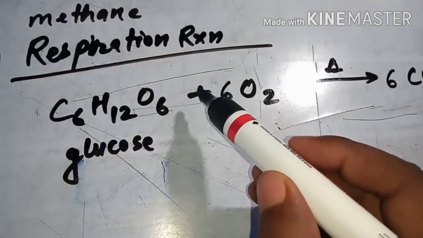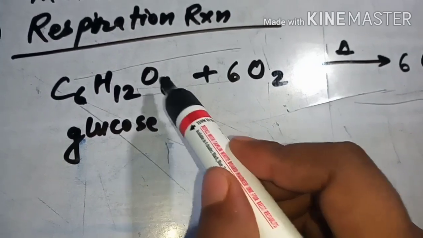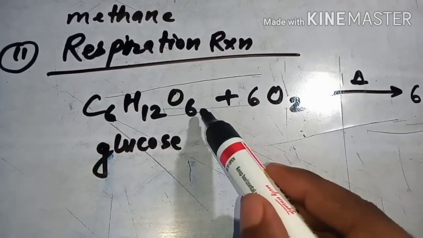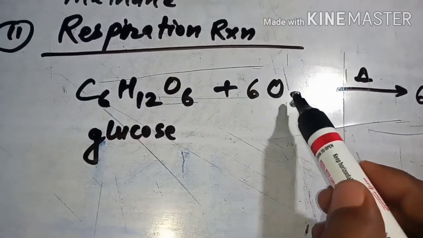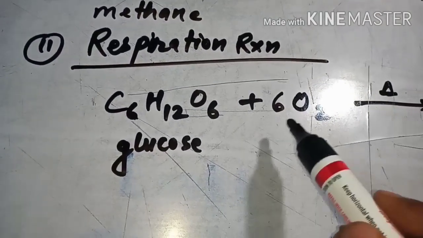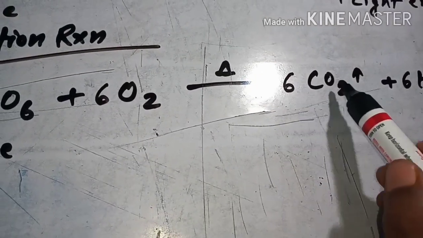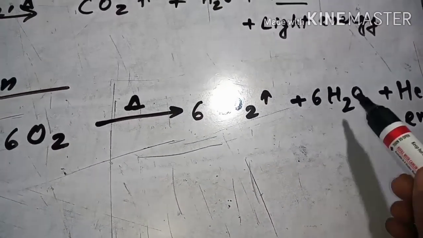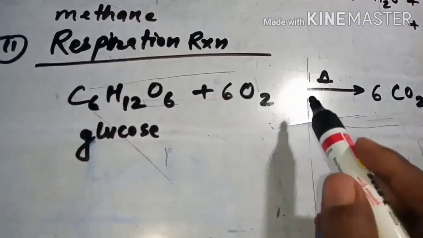And lastly we have to balance oxygen. Here the number of oxygen is 6 in glucose, and 6 times 2 is 12, that is total 18 in the reactant side, and in the product side it is 6 O2. Here it is 12 plus 6, 18. So we can see now the reaction is balanced.